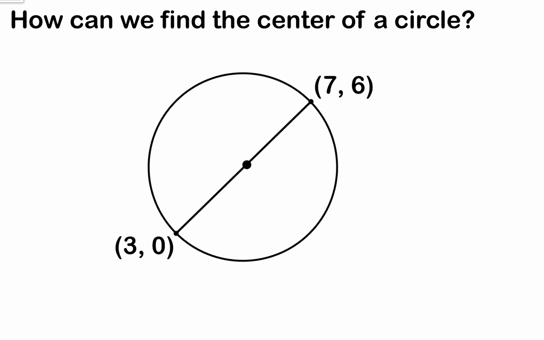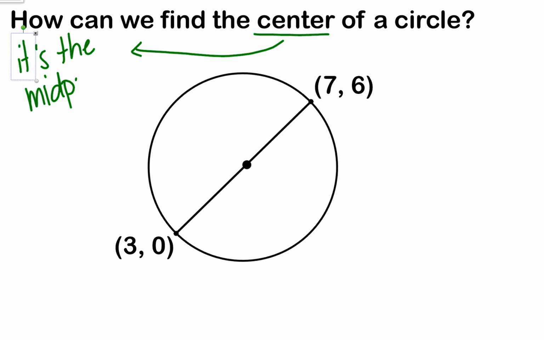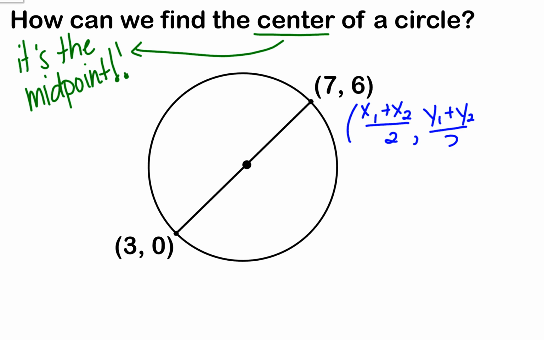So how can I find the center of the circle? I'm really just finding the midpoint. Okay, so I'm going to use that midpoint formula that I have, x1 plus x2 over 2, y1 plus y2 over 2. I also know that this is just going to average my x's and my y's.